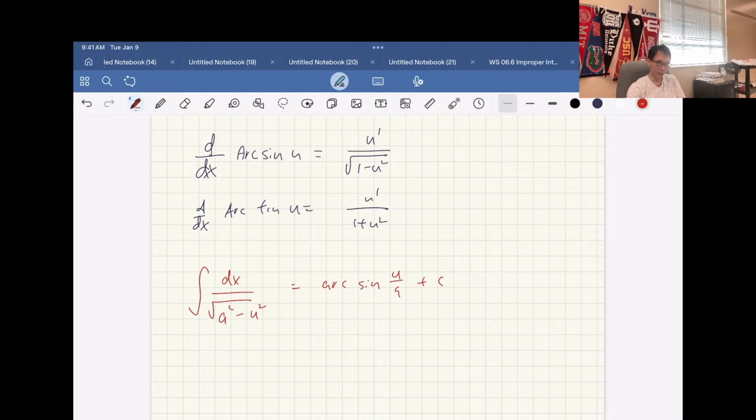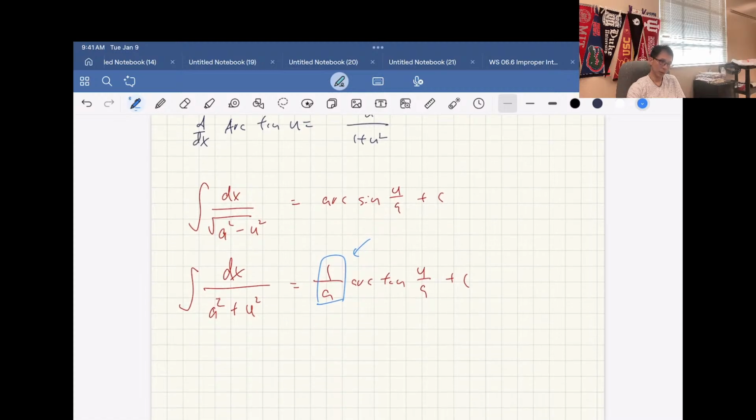Now I have integration of dx over a squared plus u squared. This one's going to be 1 over a arc tangent of u over a plus c. Now this one is extra compared to before. This is 1 over a in the front you had to memorize. Only the arc sine doesn't have a 1 over a in the front.